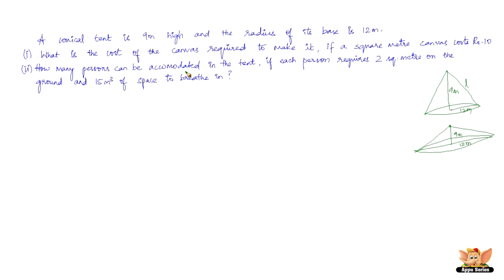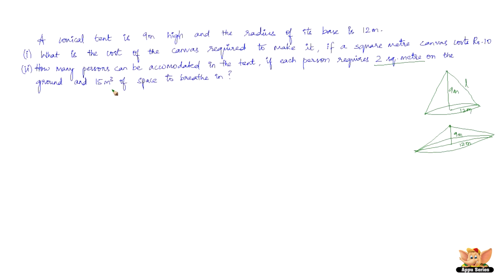Now, the second part of the question deals with the circular base, because each person requires 2 square meters on the ground, which is nothing but a circular space. So we need to find the area of the circular space. And then if one person requires 2 square meters, divide that area by 2 square meters, and we find the number of persons.